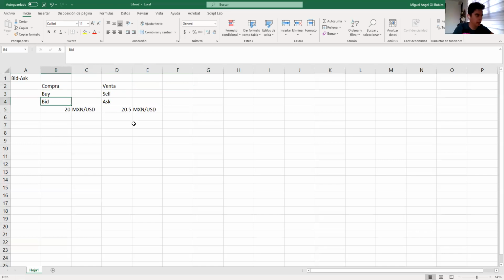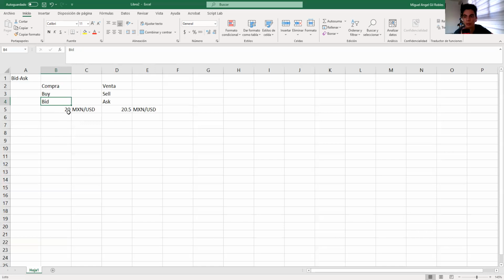What is this, buy or sell? Because sometimes people say, if I want to buy, I will be using this one, but be careful, because the perspective of this idea of buying and selling is from the perspective of the bank, okay, or the broker or whatever. So if it says buy, this means that this is the price that they will pay when they buy, when the bank buys from you.